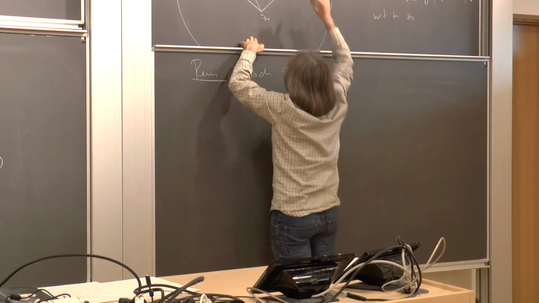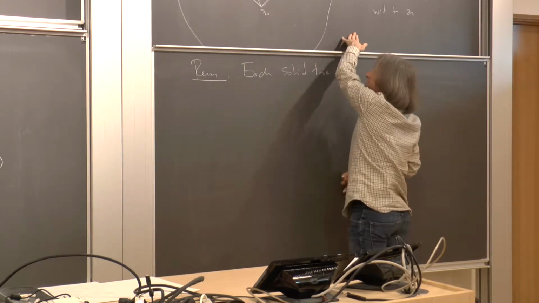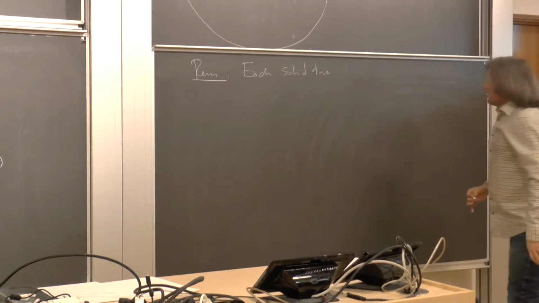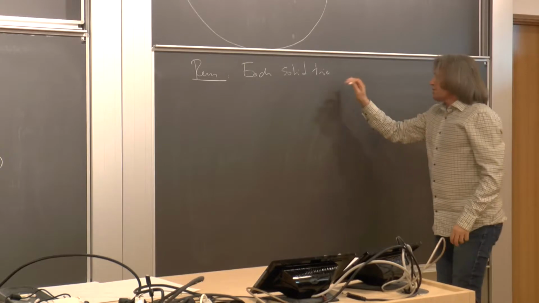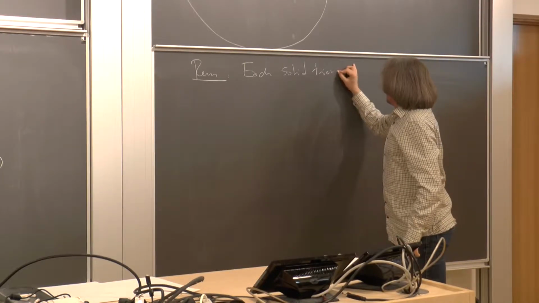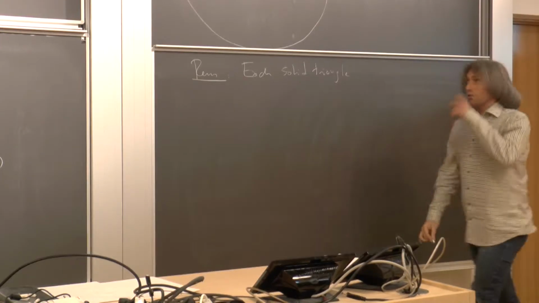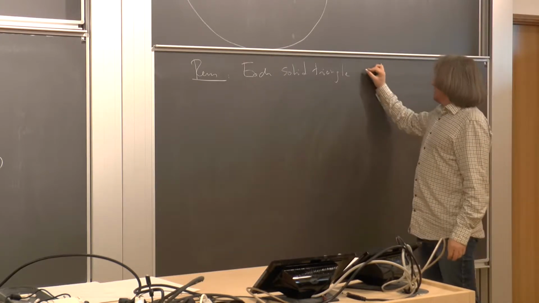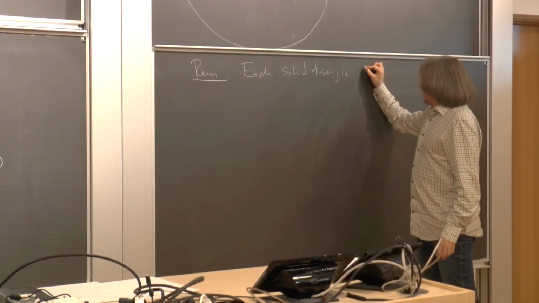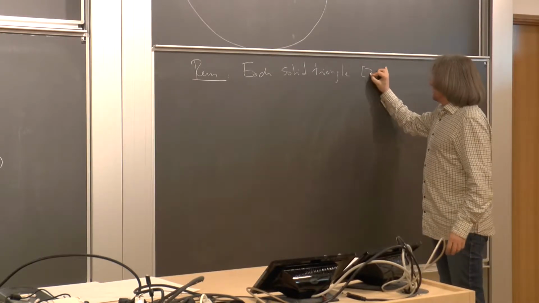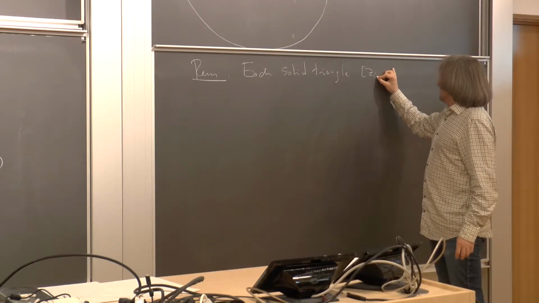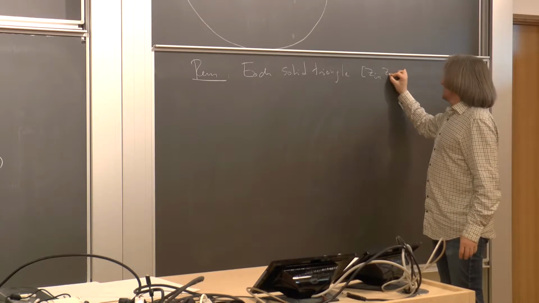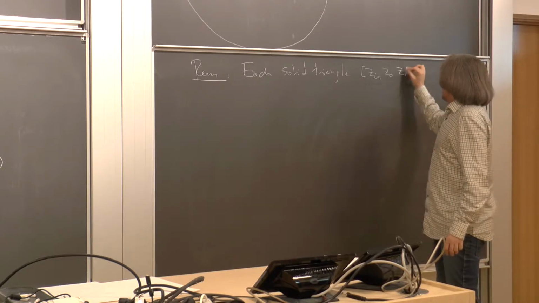It's slightly different notation from the book, but it doesn't matter. So each solid triangle, and as I said, the order of the vertices gives me orientation. So this triangle, I'll denote it by 3 letters, Z I minus 1, Z0, Zi.